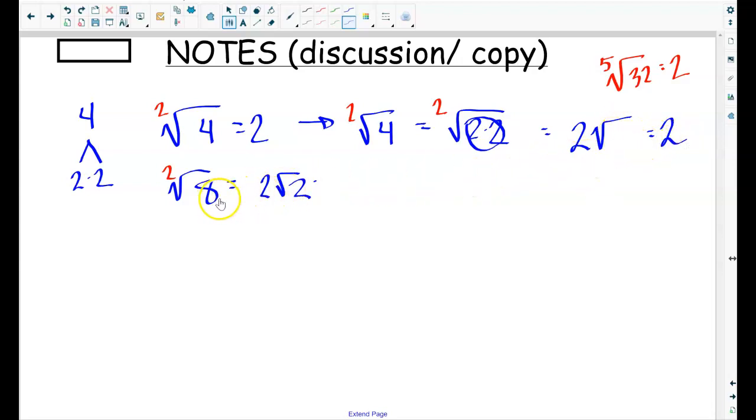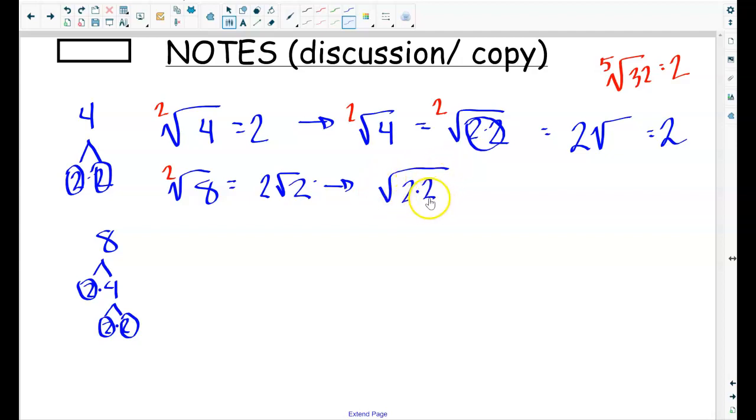Now let's apply that same thing here. I'm going to get my 8, and it's 2 times 4, two numbers that multiply. This 2 is prime, so I stop there. 4, I can continue to break down into 2 times 2. Now I have three primes: 2 times 2 is 4, times 2 gives me the 8.